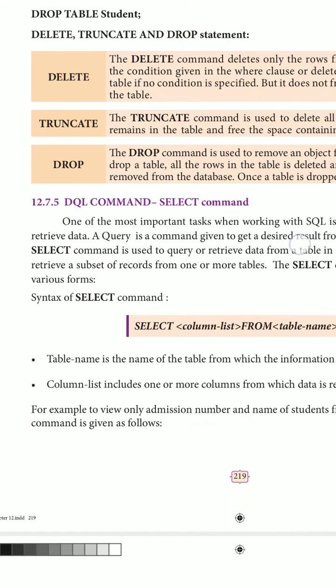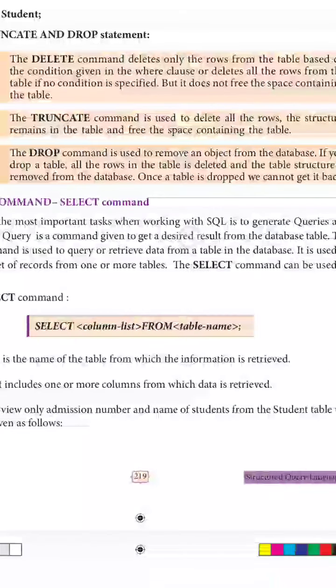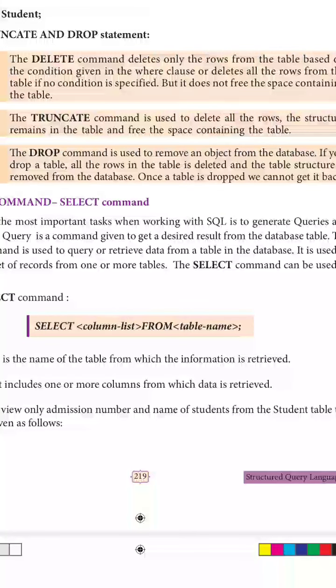Okay, so here you can see the select command. The syntax is select column list from, okay, from which table. Okay, so select star means it will select the entire table from table name.